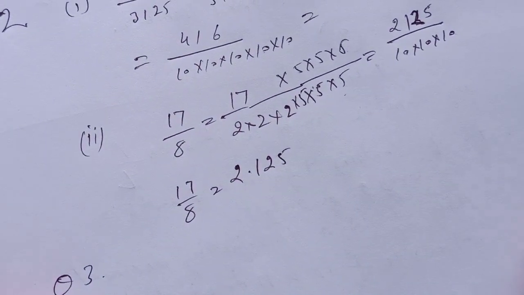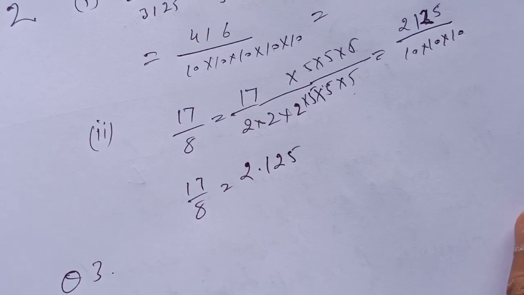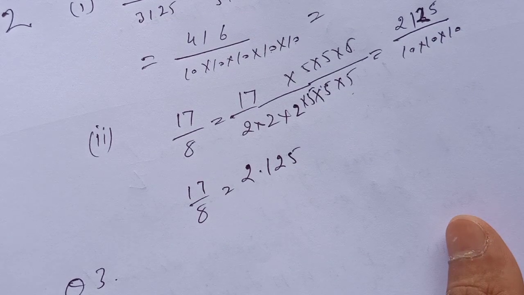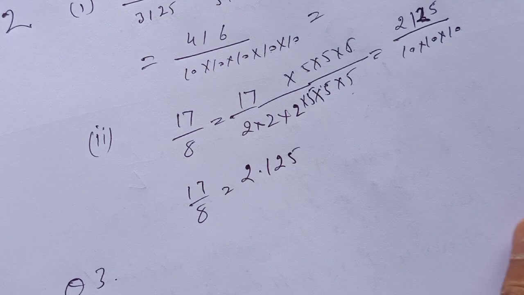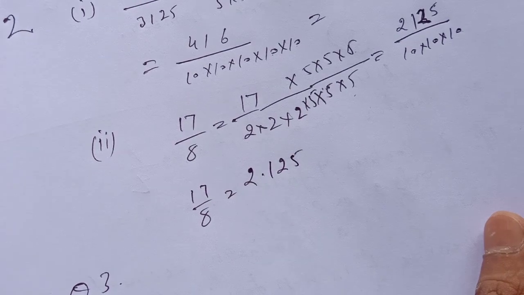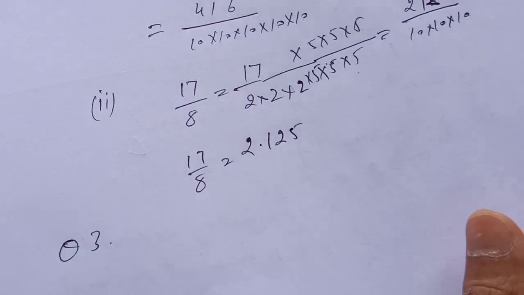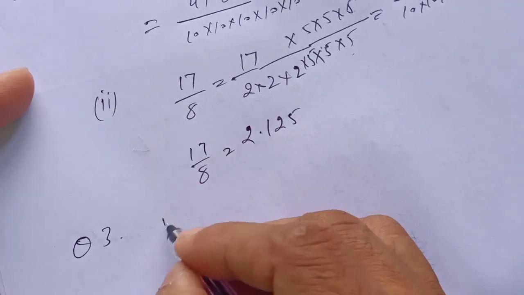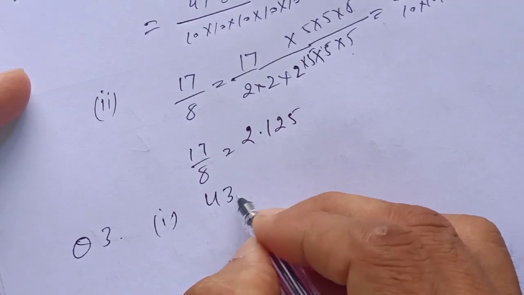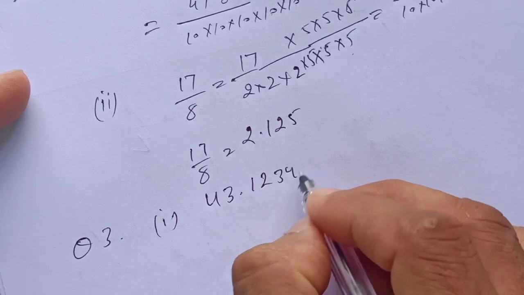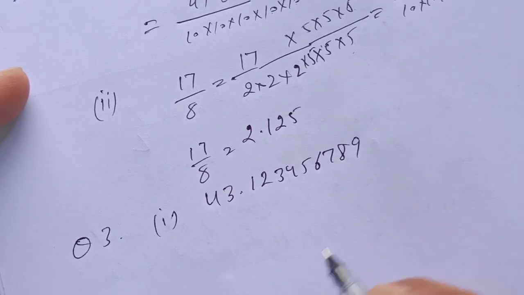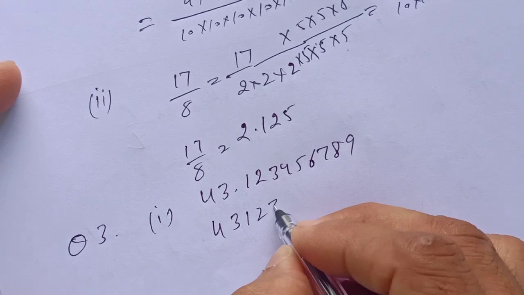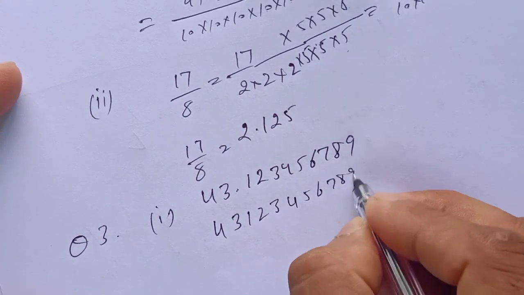The following real numbers have decimal expansions as given below. In each case, decide whether they are rational or not. If they are rational and of the form p by q, what can you say about the prime factors of q? First part, 43.123456789.